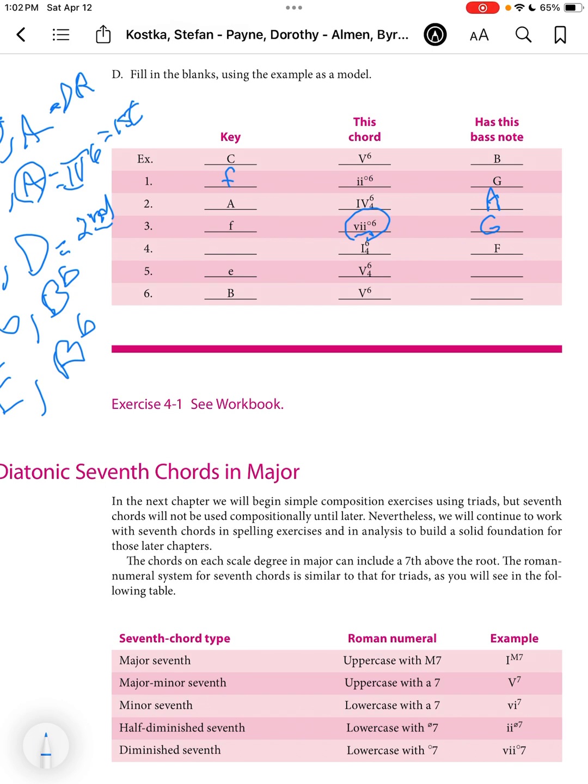Okay, that's a little trickier. It has a bass of F. Okay, the bass note F.